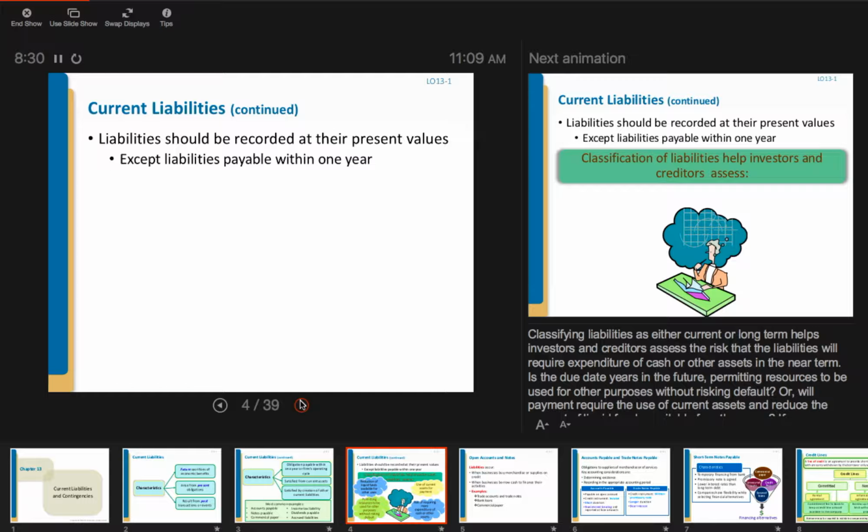So since we're talking this chapter on current liabilities, all of the liabilities that we talk about within that category will all just be listed on the balance sheet at whatever it is it's going to cost us to pay. The idea behind that is just that if this is something that's due and we're paying and it's turning over quickly enough that it's considered a current liability, the time value of money should be fairly negligible.